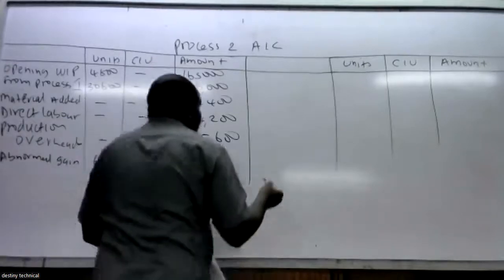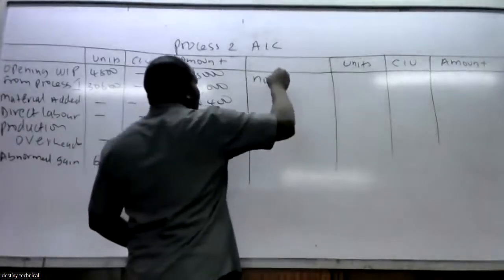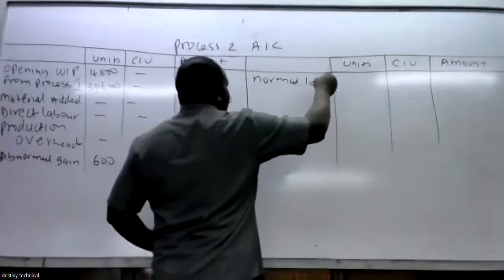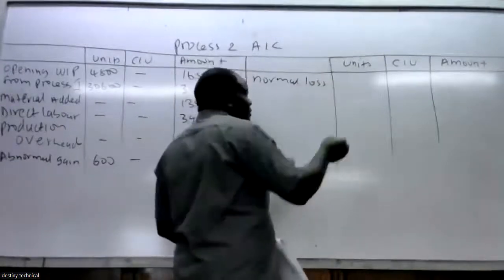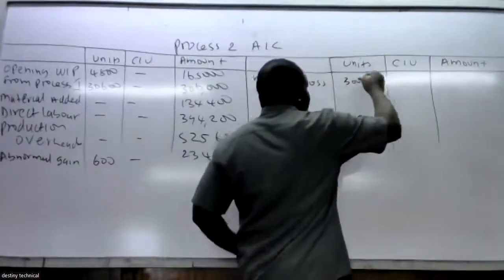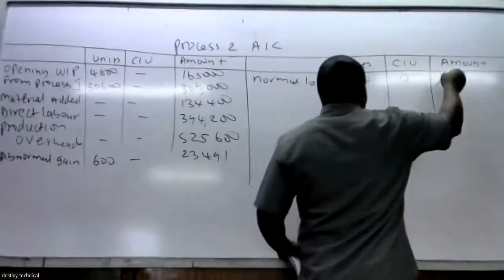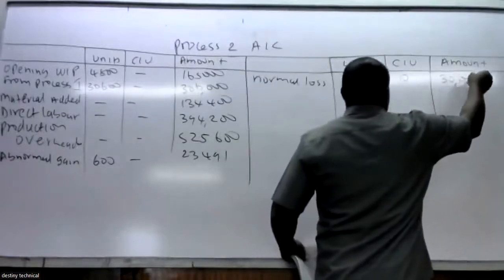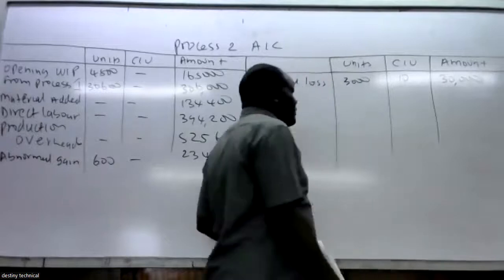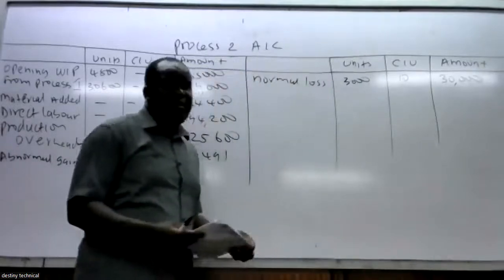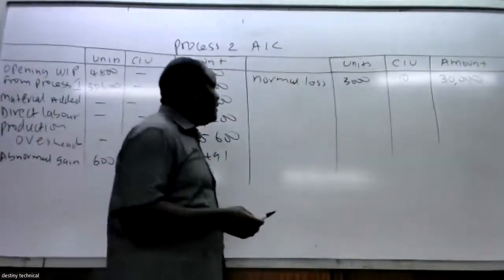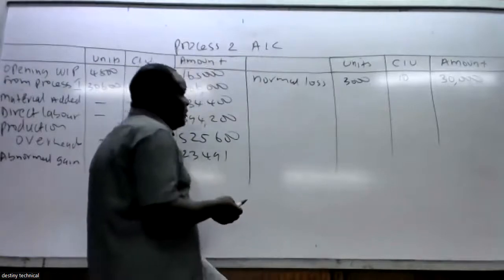Then this other side, you'll have the normal loss. Normal loss, remember the 3,000, they were scrapped at 10, giving you 30,000. That's now for the normal loss.